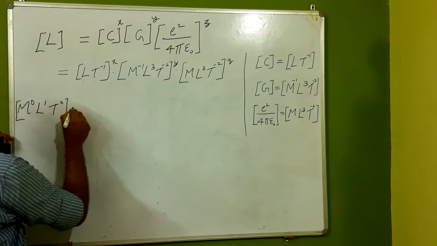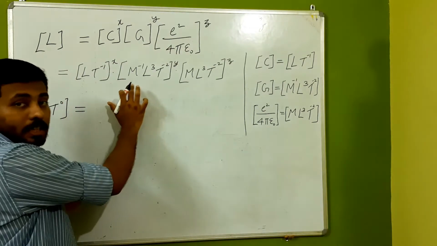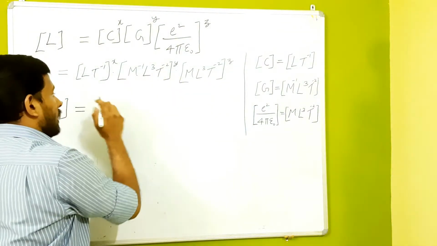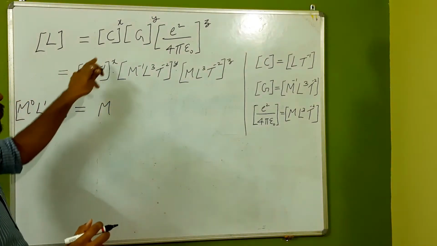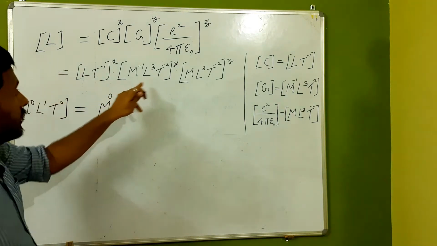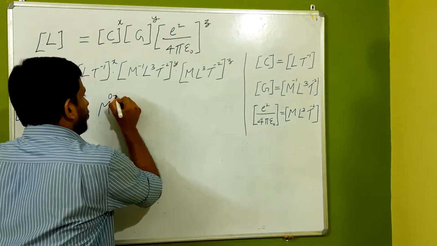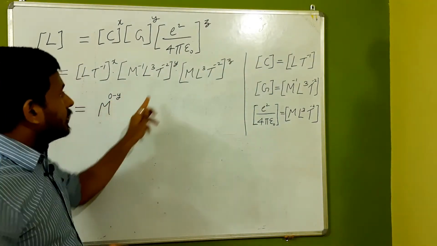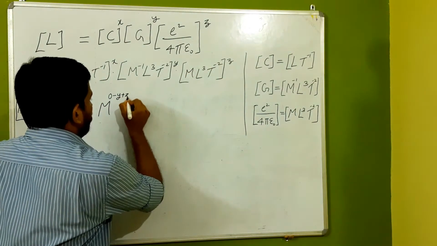This is the left side, and in the right side we have, first we take the term of m, that is mass. Here we do not have any mass term in the first, so it is 0. The second term we have y into minus 1, that is minus y. In the third term there is a plus 1, that is plus z.